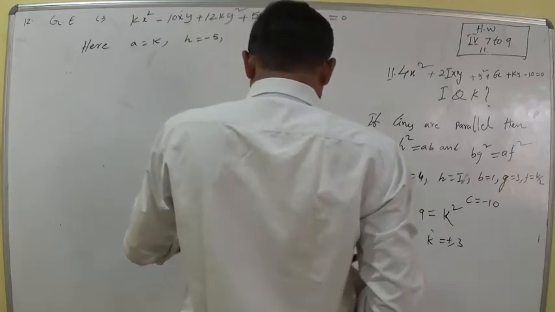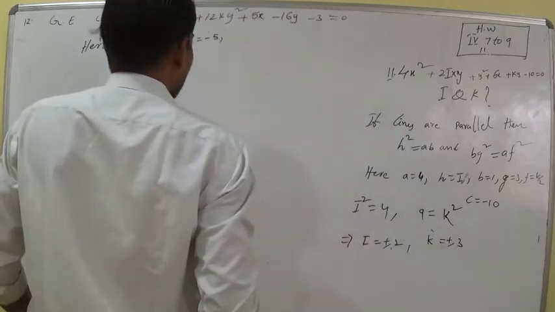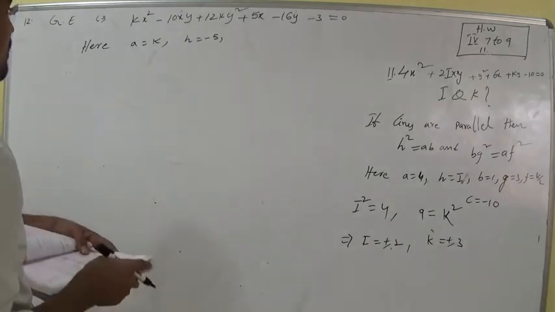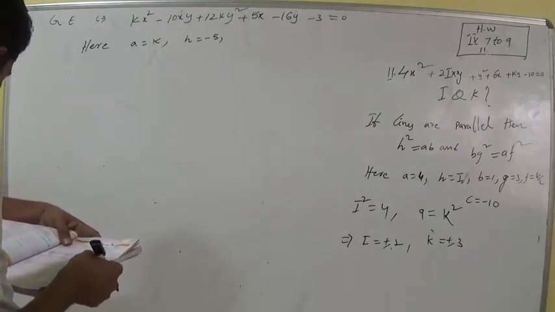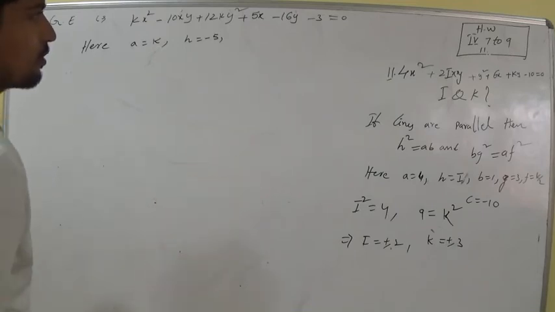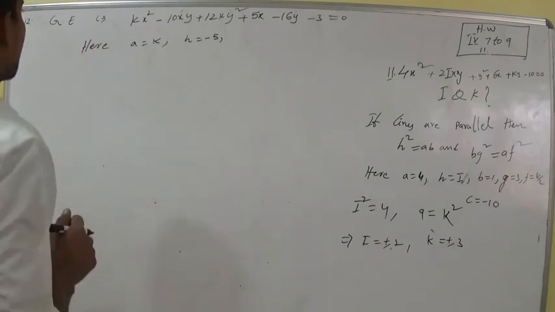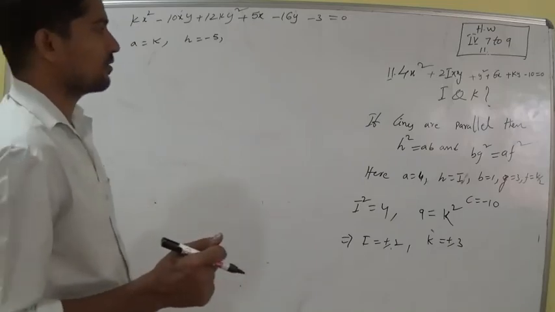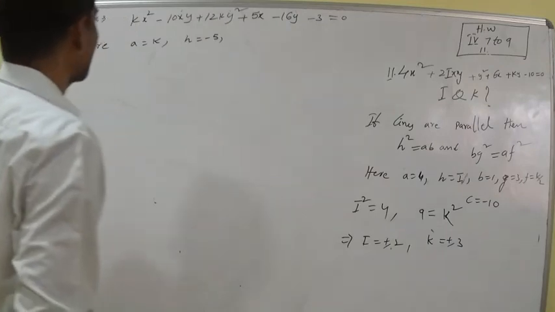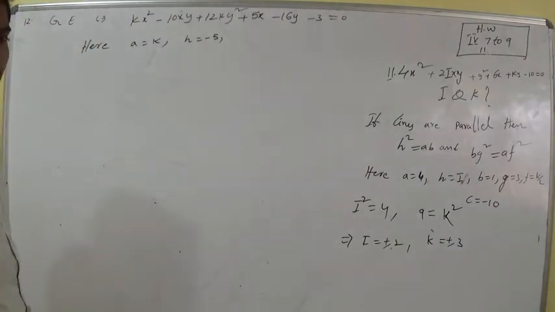So next, the 12th one: find the value of k. You can take the 12th one as homework because I explained the 11th one. The same process you can use to solve the 12th one, right?